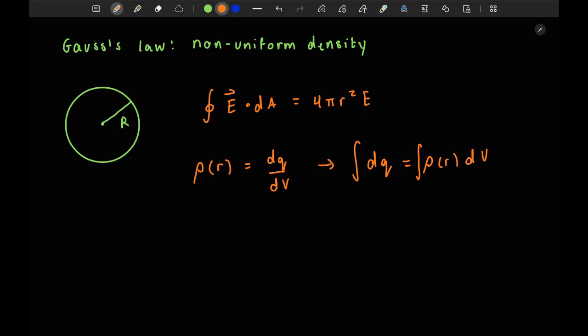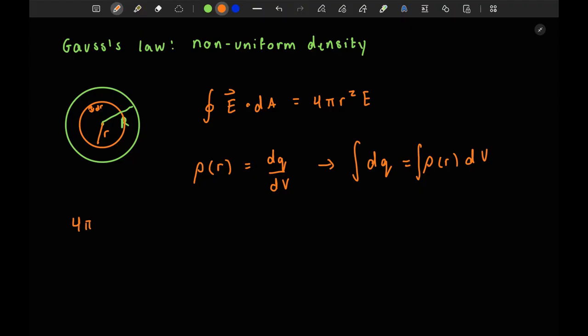Let's consider breaking up our sphere into spherical shells of infinitesimal thickness dr. I'll argue that the surface area of such a shell, if it is at radius lowercase r, would be 4 pi r squared.